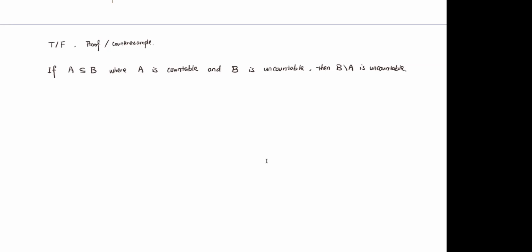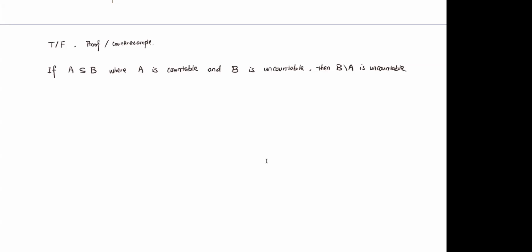Yeah, that's not a proof. Examples are not proof, unfortunately. If A is a subset of B, does that mean X is in A and B?